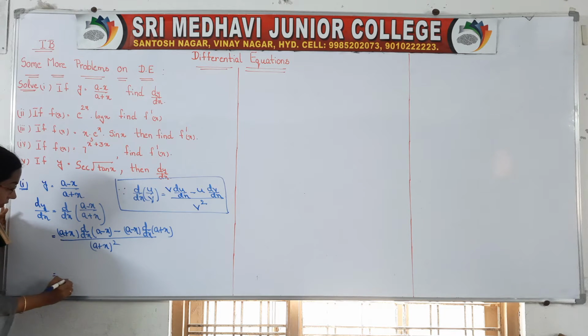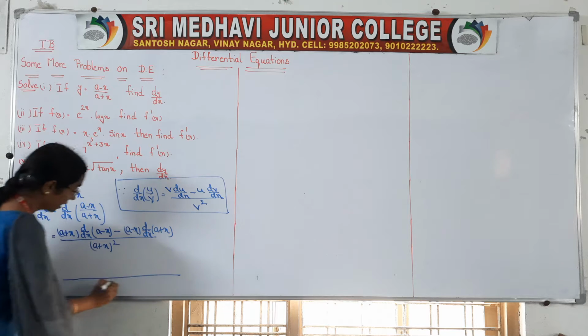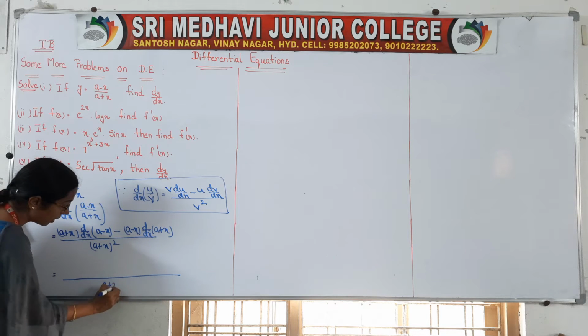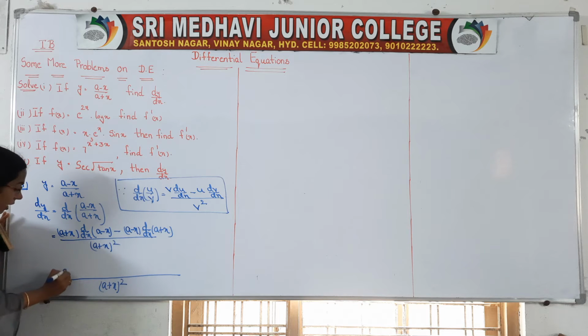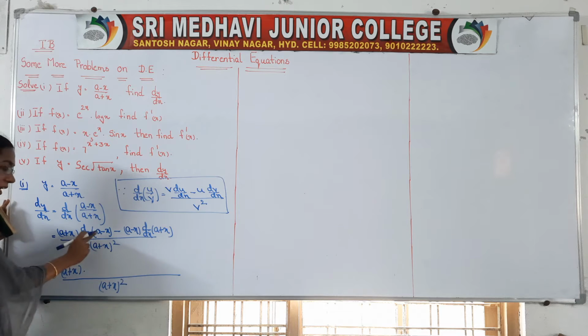Now we can take the denominator as (a plus x) whole square, and (a plus x) into d by dx of a.